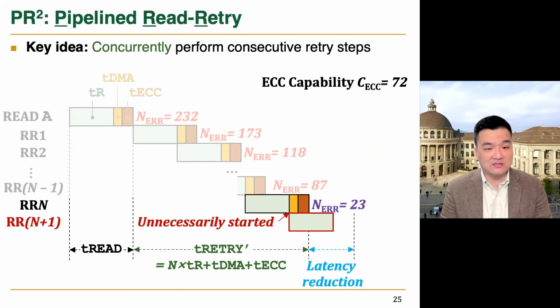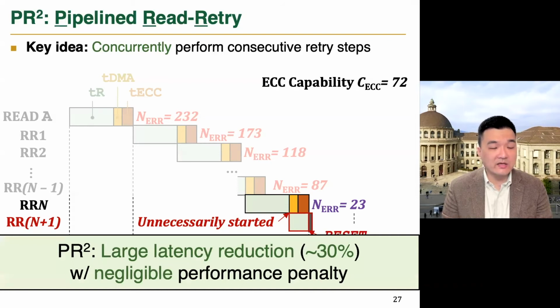Since such an unnecessary retry step can delay future requests by making the chip busy, PR-square terminates the unnecessary retry step as soon as the ECC decoding of the previous retry step succeeds. All this process is done by the flash controller and does not require any changes to underlying NAND flash chips. In summary, PR-square can significantly reduce the read-retry latency with a negligible performance penalty.